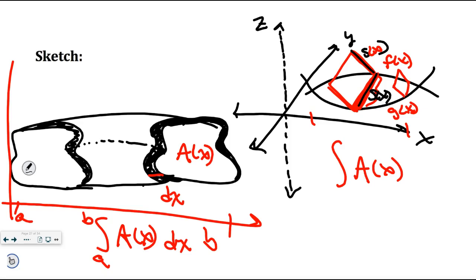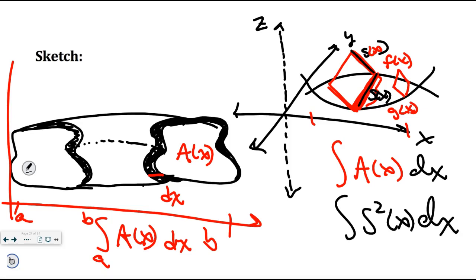So we do s of x, top minus bottom, times s of x, right? That'll give me the area of one of them. But I need to give it its depth. Does that make sense? So for the square, it's going to be a side of it squared, dx. And again, how'd you get a side of it, Lily? Top minus bottom.